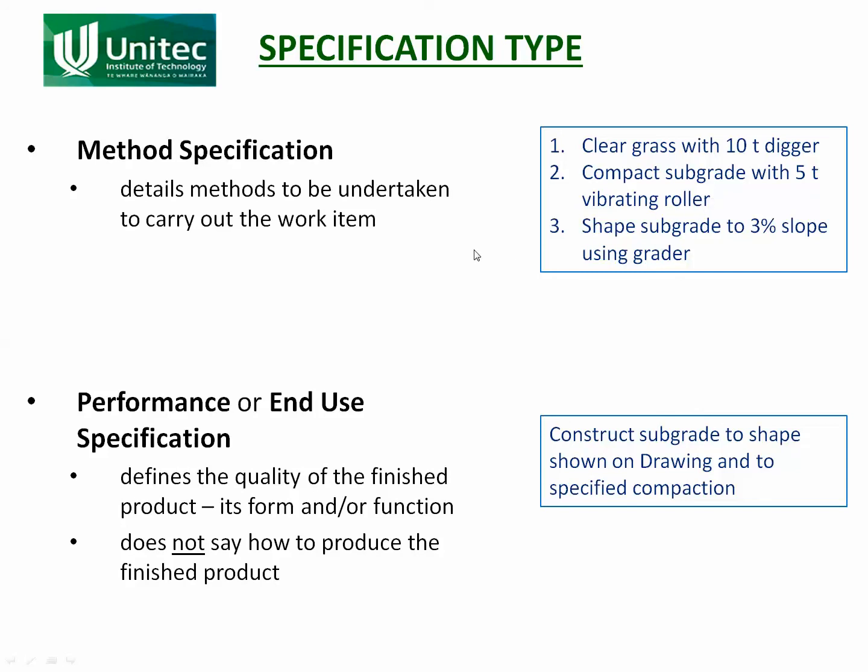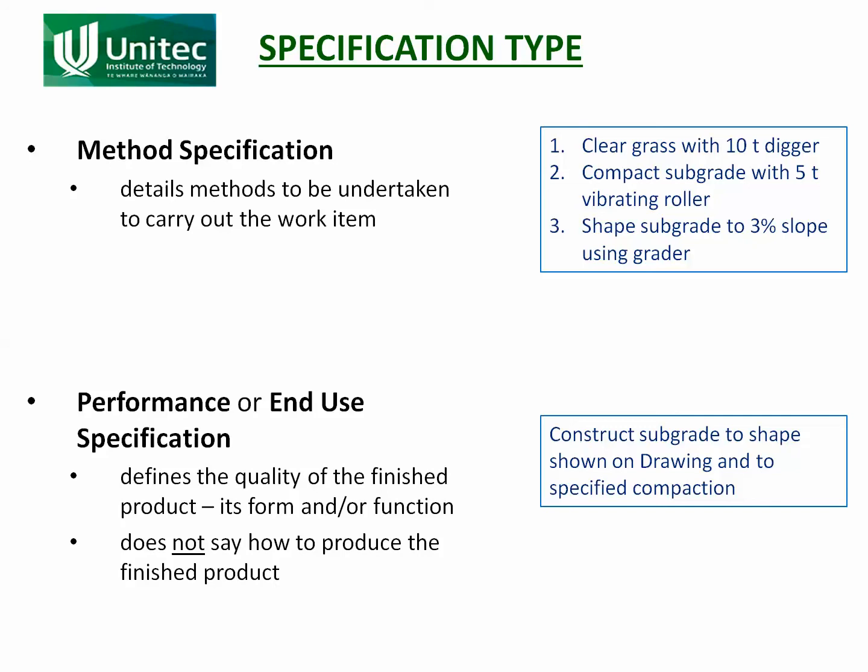Okay, it might be that he is specifying a product that needs to be installed in a particular way. The manufacturer of the product says you have to install it in this particular way for the guarantee to be valid, for example. So the designer will take the manufacturer's installation instructions and cut and paste it into the specification.